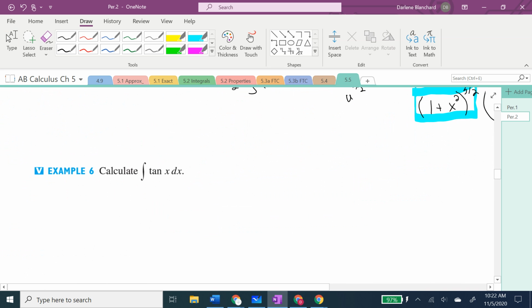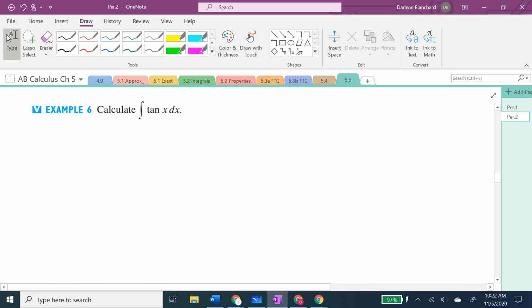Okay, now, guess who we don't have an integral formula yet for? Yeah. We're about to have an integral formula for tangent x. And if you forget the formula, you can do the following to recreate it. Tangent is sine over cosine.